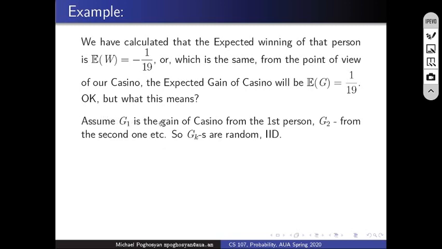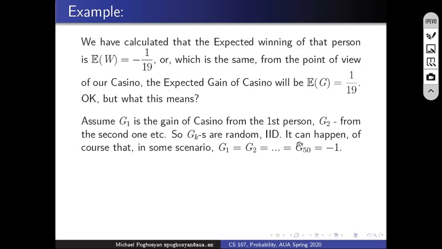Well, assume G1 is the gain of casino from the first person, G2 from the second person, etc. The Gk's are random, IID. Why IID? Well, they are independent. The first person's winning or lost money is independent of the second person's. Well, we assume that. And they are identically distributed. They are all coming from some hypothetical distribution of gains from a person.